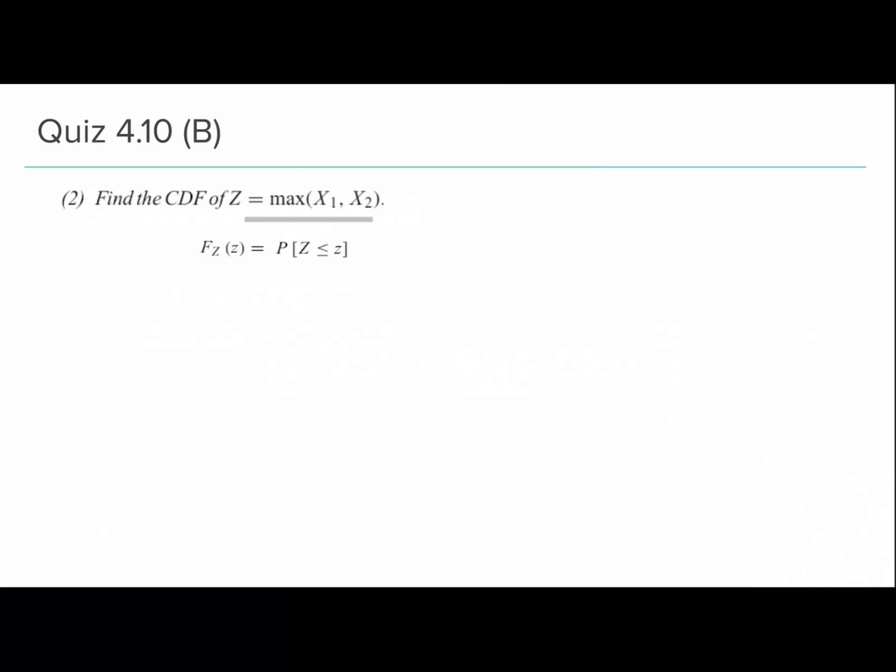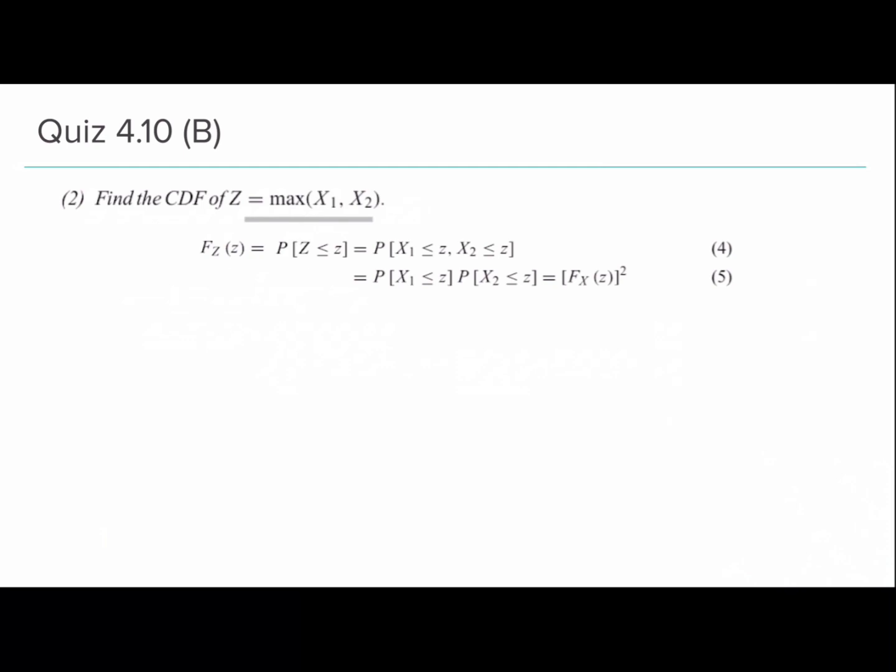How will you ensure that capital Z is less than or equal to small z when we know that z is the max of x1 and x2? Essentially, if both x1 and x2 are less than or equal to z, then the max of x1 and x2 will also be less than or equal to z, right?